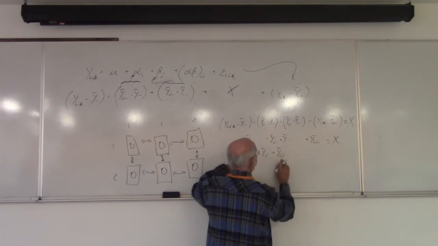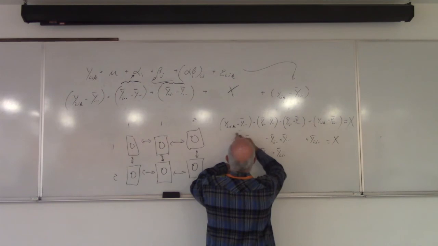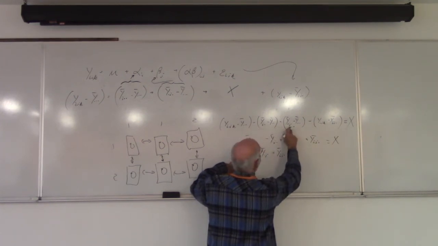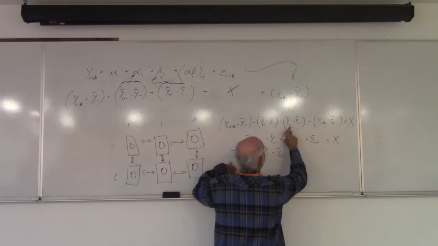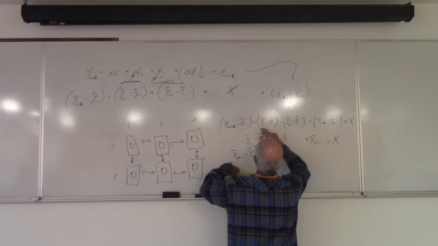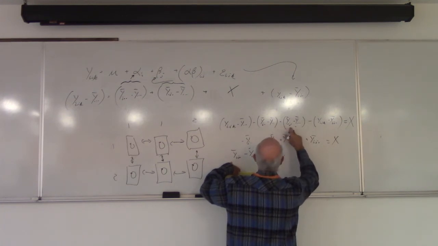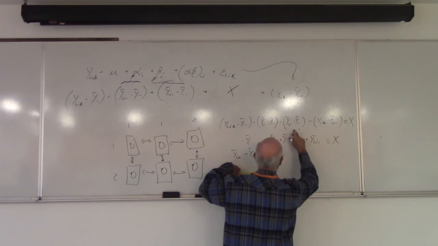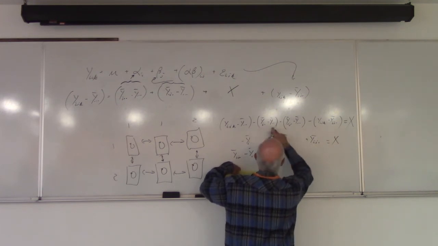Oh, I've got two of those, don't I? Did I make a mistake? Yij minus yij plus yij. Nope, that's different. How did I get two yij's? Where's my other yij?